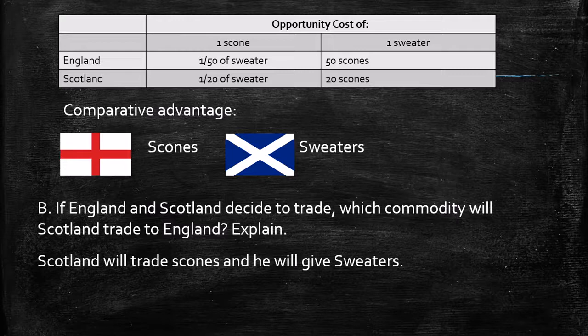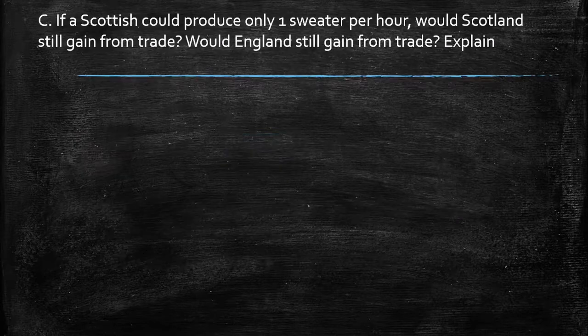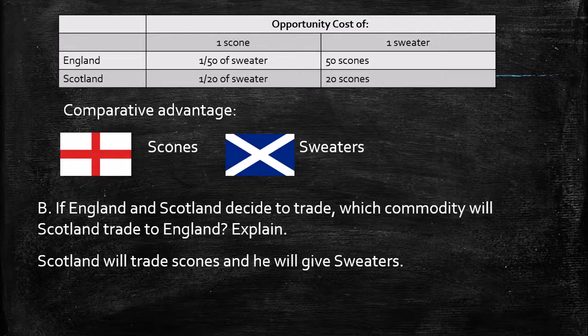In this case, Scotland will trade sweaters and give them to England, and on the other side, England will trade scones and give them to Scotland.